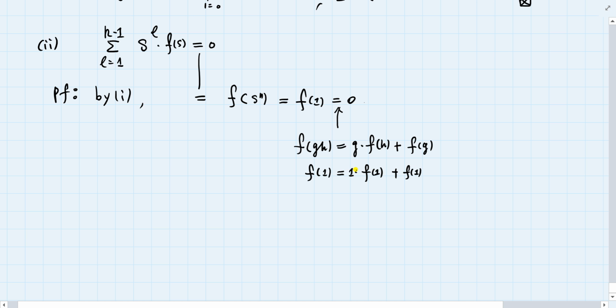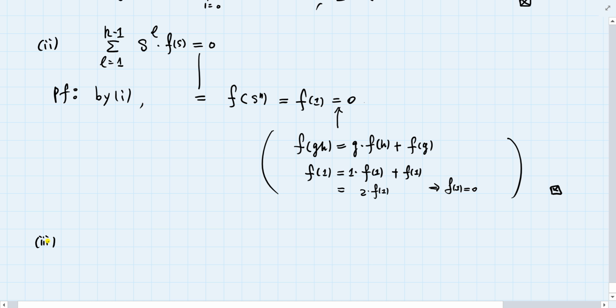So this tells you this trivial action should still be f1, or you say that there is a group homomorphism from G to automorphism of R, so the identity of G must map to the identity automorphism. So acting on f1 should be f1, so this is 2f1, which implies f1 is 0, okay? So we finish this one.